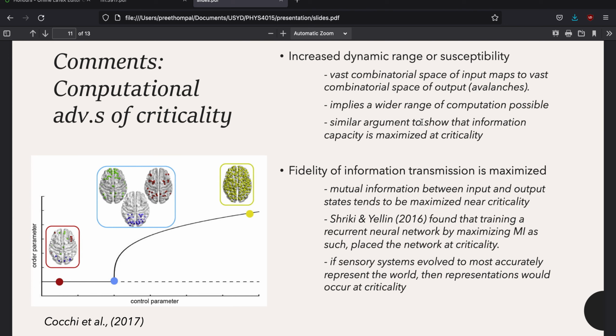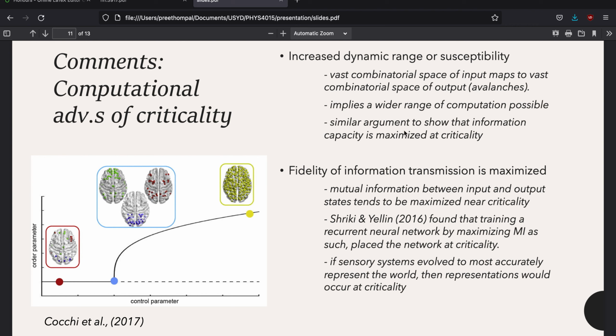Instead of, if you imagine from earlier, again, various inputs occurring and then the output always just being a steady state, right? We see these avalanches which are mapping the combinatorial space of inputs. So that kind of implies itself that a wider range of computation is possible.